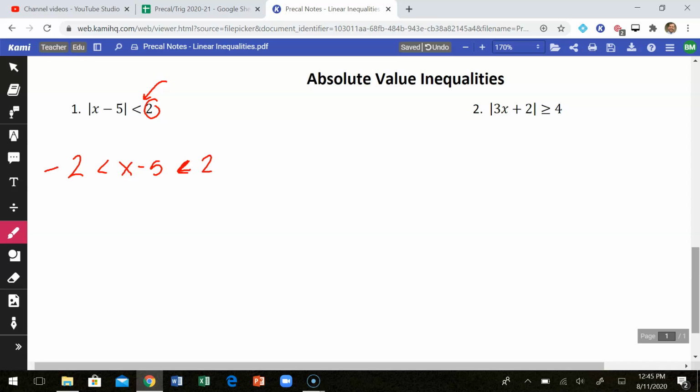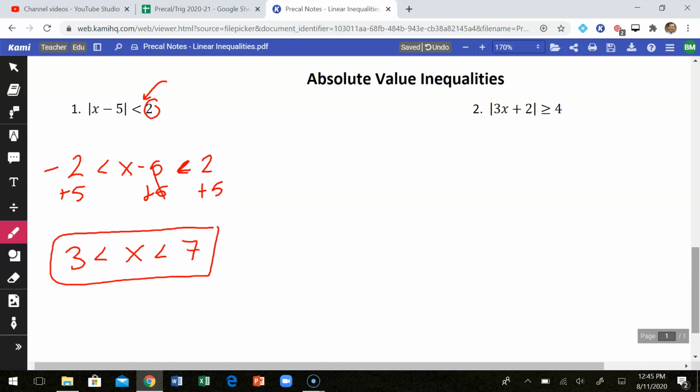Okay, so if you start with less than, that stuff on the inside of the absolute value will be between the positive and negative of whatever's on the right side. And then I simply just add 5 to everything here. And I'm going to get 3 is less than x, which is less than 7, and that means that my x's are between 3 and 7.